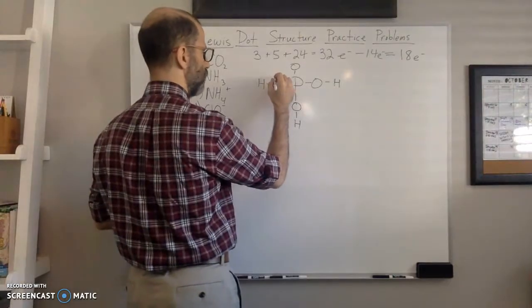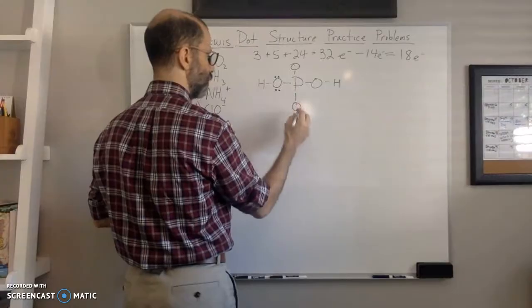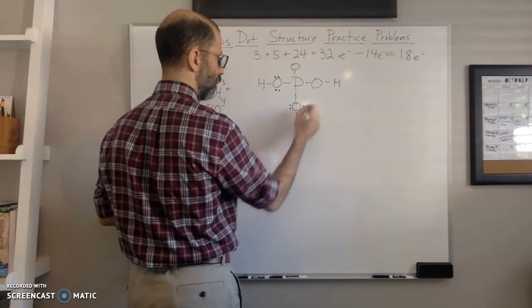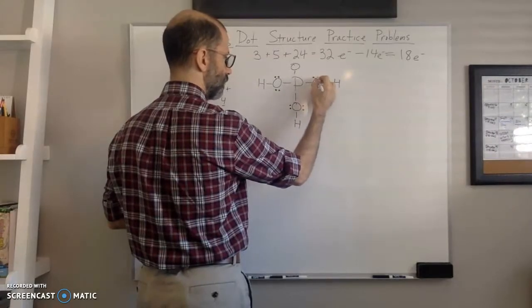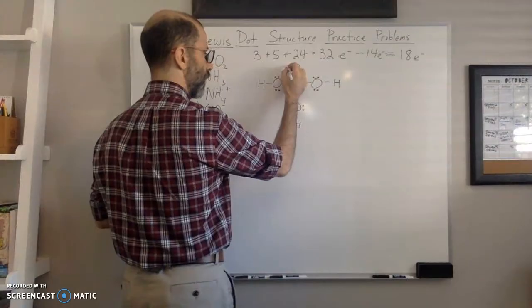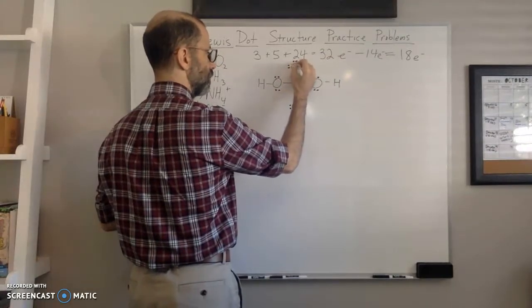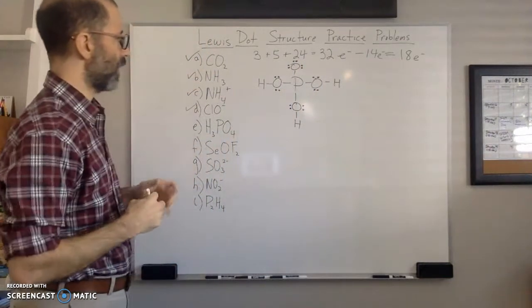So let's go ahead and give it to them. So 1 lone pair for this oxygen, 1 lone pair for this oxygen, and 1 lone pair for this oxygen. And then we'll give 3 lone pairs to this oxygen. Okay, so now we have our lone pairs.